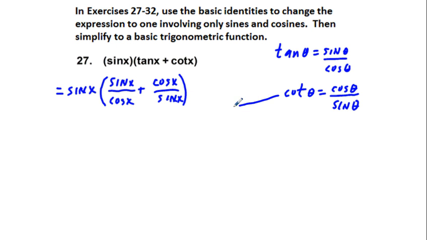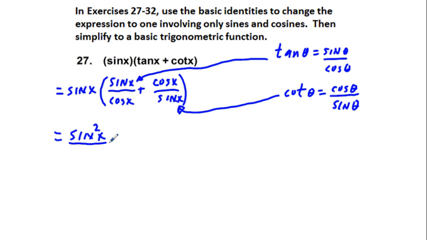So the cotangent x goes here, and the tangent goes to this one in front. And multiplying out, we get sine squared x, which is sine x times sine x, over cosine x, plus sine x times cosine x over sine x.